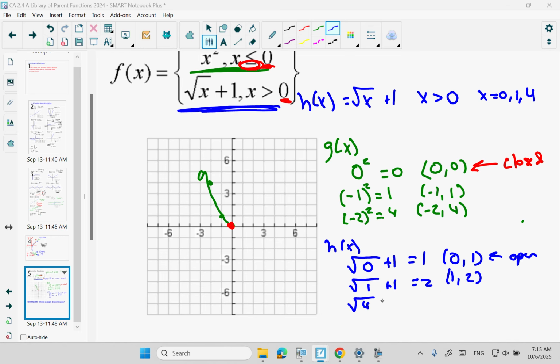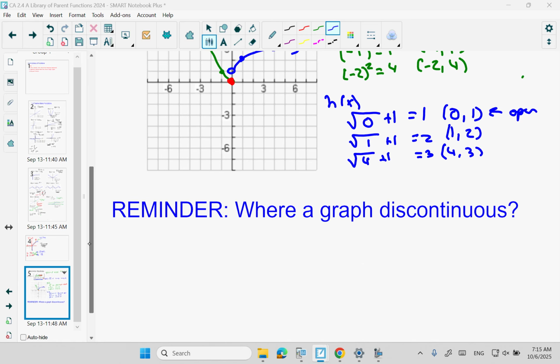And then square root of 4 plus 1: square root of 4 is 2, plus 1 is 3, so I get the coordinate 4, 3. So my piecewise function would look something like that. Again, open circle and closed circle. The reason that one has to be open and one has to be closed is this idea of the vertical line test. If they're both closed, it wouldn't be a function.